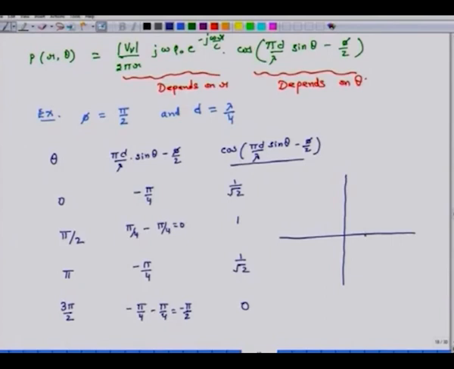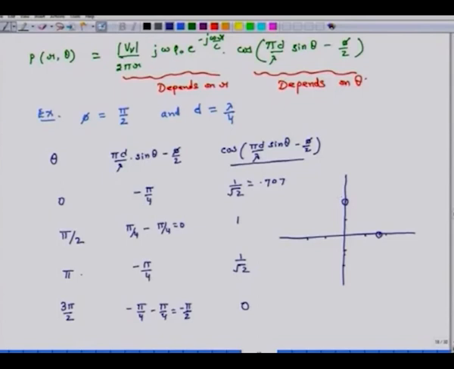At 0 degrees the value is going to be 1 over root 2, which is 0.707. So, this is 1, and it is going to be a little less than 1. At pi over 2, when theta is pi over 2, this value is 1, so this is another point.